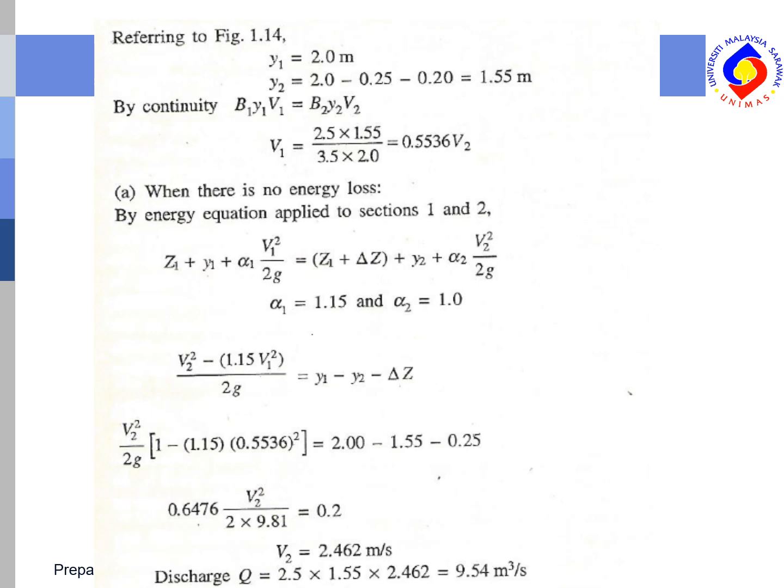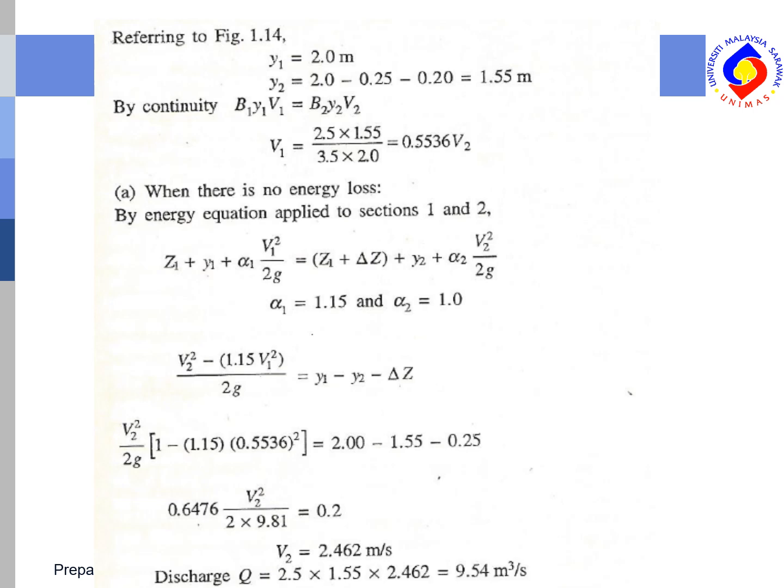Given in the question, alpha 1 is 1.15 and alpha 2 is 1. If we rearrange this energy equation, we get V2 squared minus 1.15 V1 squared over 2G equal to Y1 minus Y2 minus delta Z.